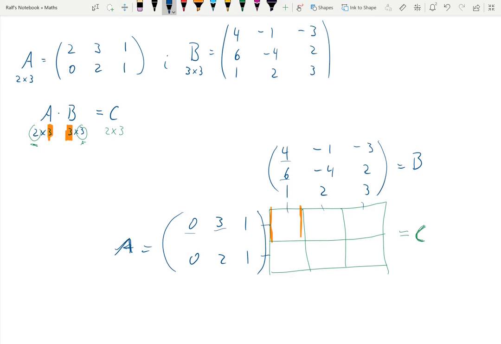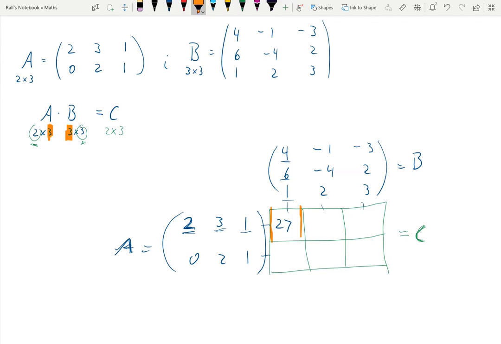Sorry, I realize I copied the wrong value here. So that should be a 2. So let's start again. The inner product of these two vectors is 2 times 4, which is 8, plus 3 times 6, which is 18. So 18 plus 8 is 26, plus 1 times 1. So that is 27.